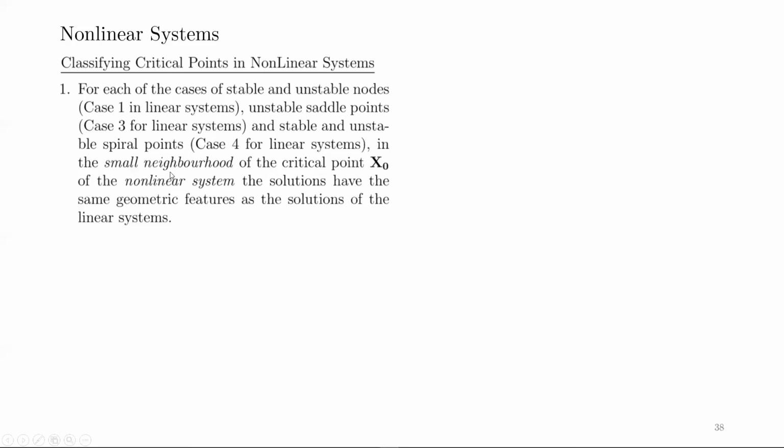In the small neighborhood of the critical point, because our Taylor series is only valid in a small neighborhood of the critical point of the nonlinear system, the solutions have the same geometric features as the solutions of the linear systems. So for the case of stable and unstable nodes, unstable saddle points, and stable and unstable spiral points, linear and nonlinear systems, the conclusions are exactly the same.